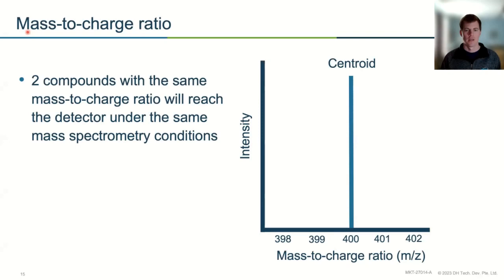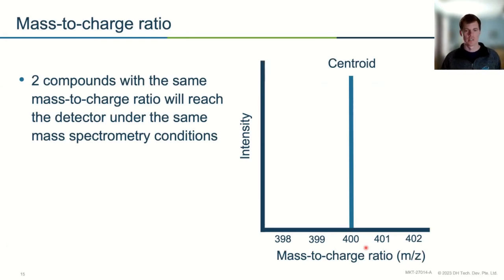The reason is if you do have a multiply charged compound, so more than just a single positive charge, maybe two positive charges or three positive charges over that structure, it will actually move through a time of flight, or at the exact same conditions through a quadrupole, as something that is at half of its mass if it's double charged, or one third its mass if it's triple charged.